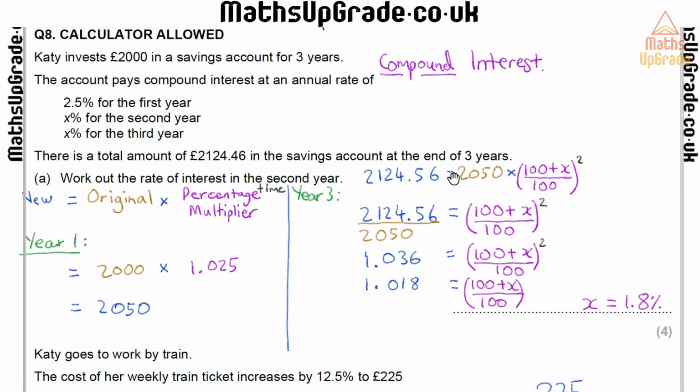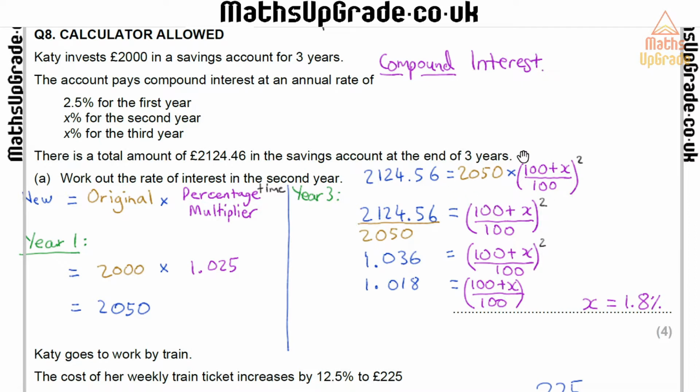So that's equal to the amount I had in year 1 times by that interest rate there. It's set up as a percentage. In other words, if it was 1%, it'll be 101 divided by 100. If it was 5%, it'll be 105 divided by 100. So this, in essence, is how I'm turning that percentage rate into a decimal, into a multiplier. And I've got the power here of 2, since this percentage rate is applied for 2 years, both the second year and the third year, so it's 2 years in total.